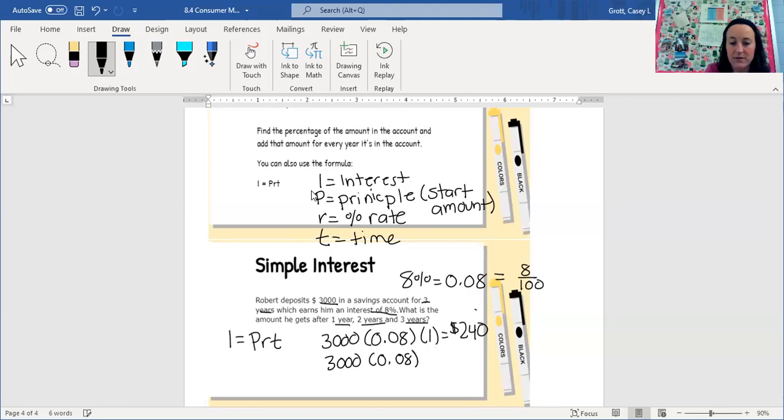Still same starting amount, same interest rate, but if it was 2 years, type that in with the decimals, what do we end up with? You should get $480. If you do it for 3 years, all we're doing is swapping out the time. My starting amount times my rate multiplied by time, we'd be earning $720.